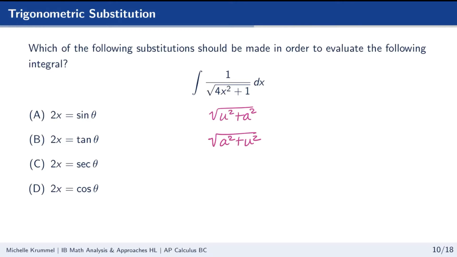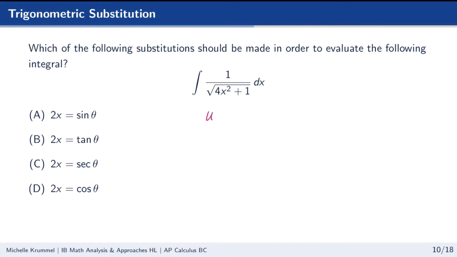We want to make a tangent substitution here. And the way that I remember it's tangent is also involving the inverse tangent function. If I think about the derivative of inverse tangent, it's 1 over 1 plus x squared. It's in the form of a squared plus u squared, or x squared, or whichever way you want to think about it. So we're going to make a tangent substitution.